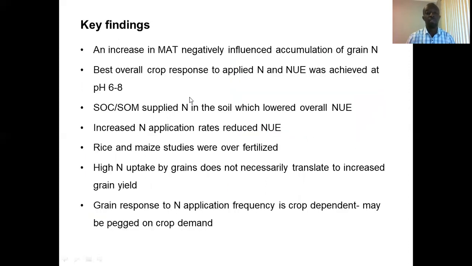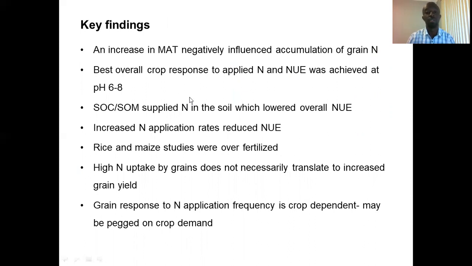The key findings from this study is that mean annual temperature had a negative influence on accumulation of grain nitrogen as tested by grain nitrogen recovery efficiency. And this could be attributed to the shortened grain filling period or nitrification losses.